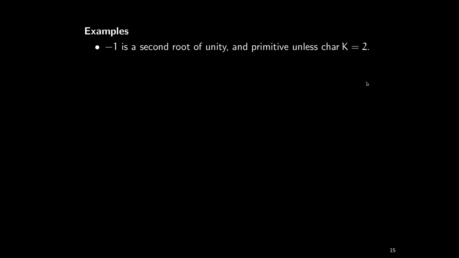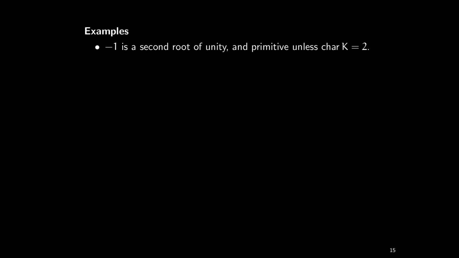And so let's see some examples. 1 is always a root of unity, and it's a root of unity for every n, because 1 to the n is always 1. And minus 1 is also an nth root of unity, but only for even n. So minus 1 to the n is 1 or minus 1, depending on whether n is even or odd.